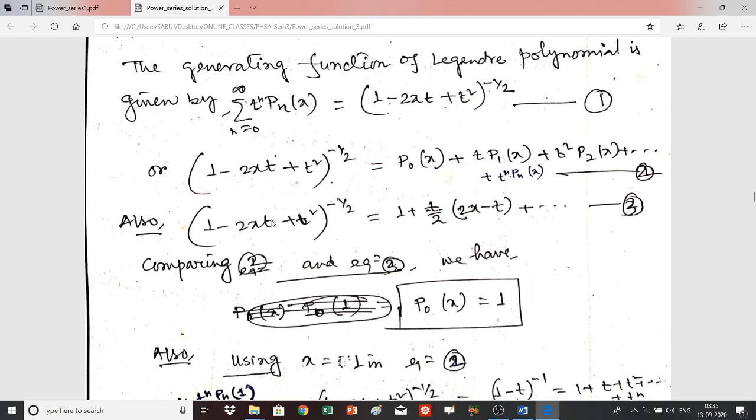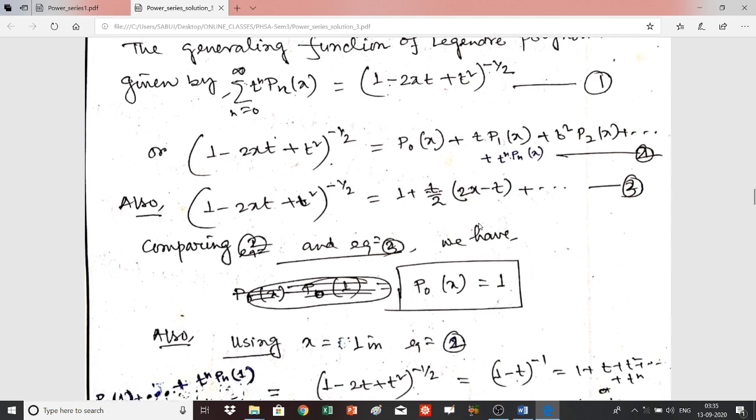If you take t as a common term, that is 1 minus of t into (2x minus t). So this is nothing but (1 minus t(2x minus t)) to the minus half. If we expand this, it will have 1 plus, first this plus will come here, half into (2x minus t), plus other terms. I am not interested in writing the other terms, only these terms.